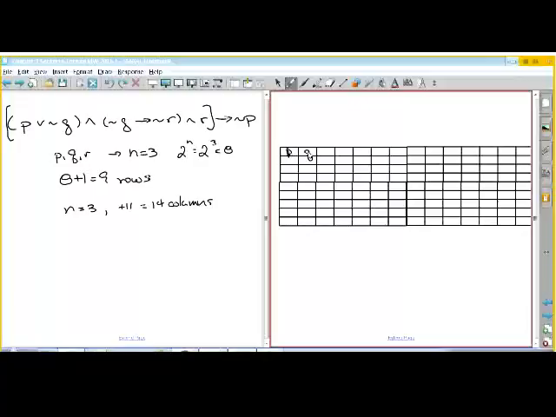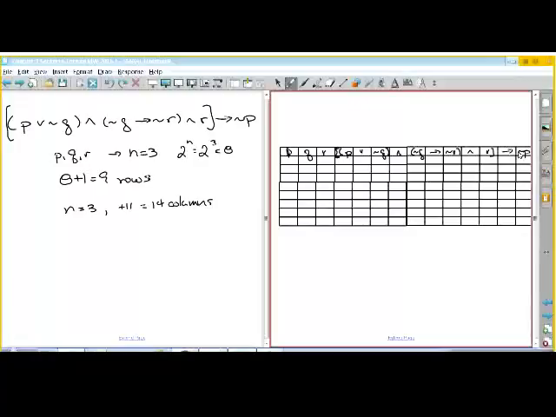So we put in P, Q, R, and then we do our logic expression, which is going to be P or not Q and not Q. If not Q, then not R and R. So those are all my three premises connected by ands.